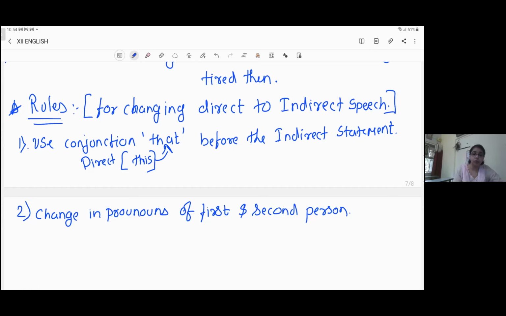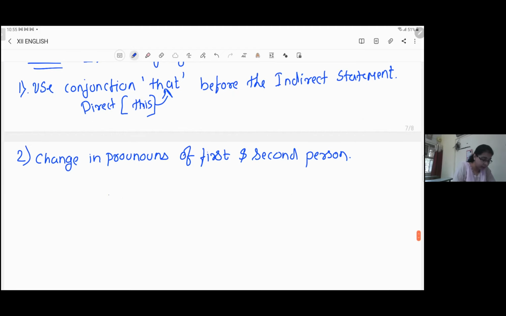I'll give you the examples down, don't worry. Now, indirect speech to the third person, taking into account the gender of the subject. Just write down the examples here.